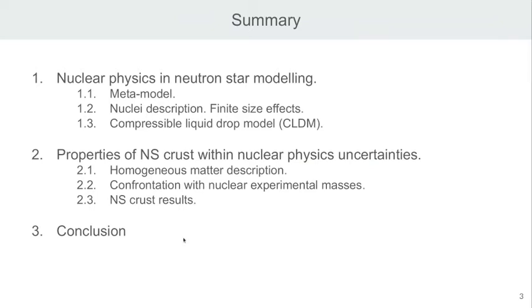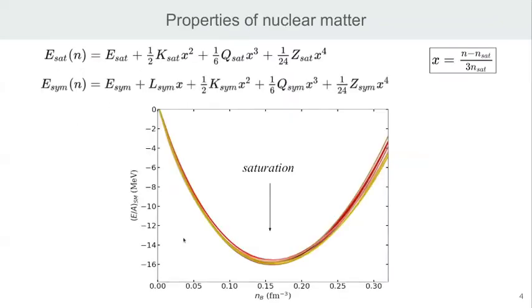So we are talking about nuclear physics, nuclear matter. Just to remember, nuclear matter has some properties. For example, if we look at homogeneous symmetric matter, the energy of the matter with respect to the baryon density has a property, the saturation, which is this minimum here.